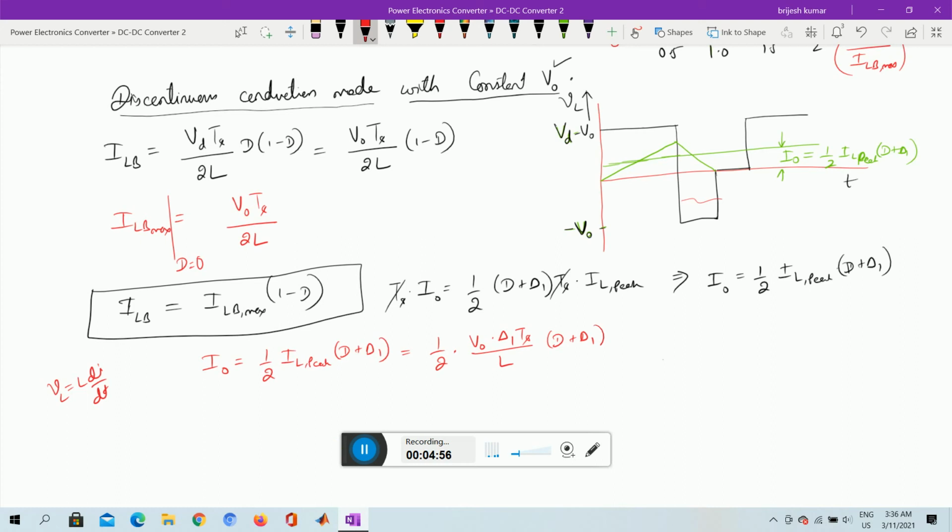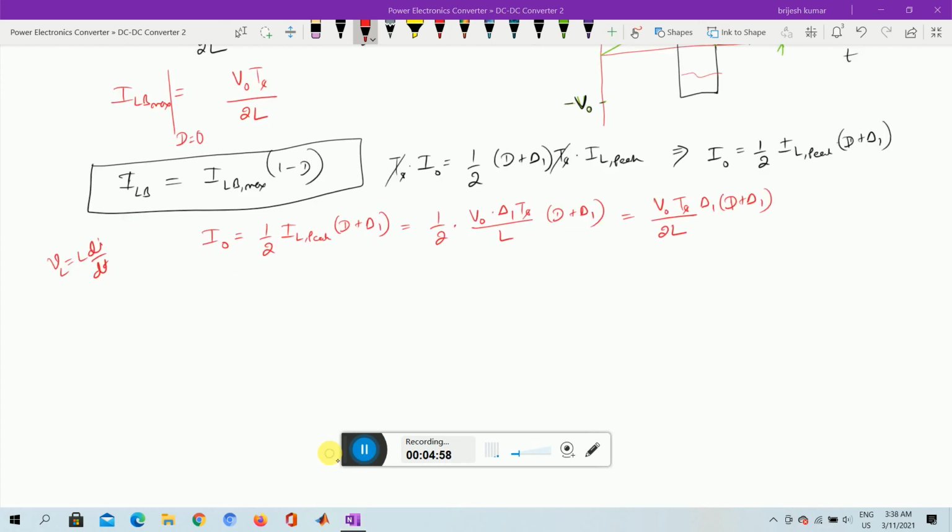So let us simplify this. We can rewrite these values. I0 is equal to, this term can be replaced with ILB max. So we can write this as ILB max into del 1 (D plus del 1).